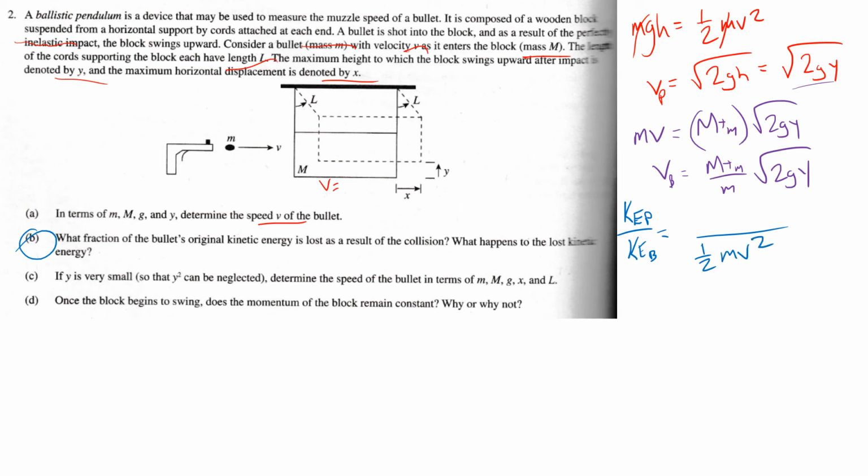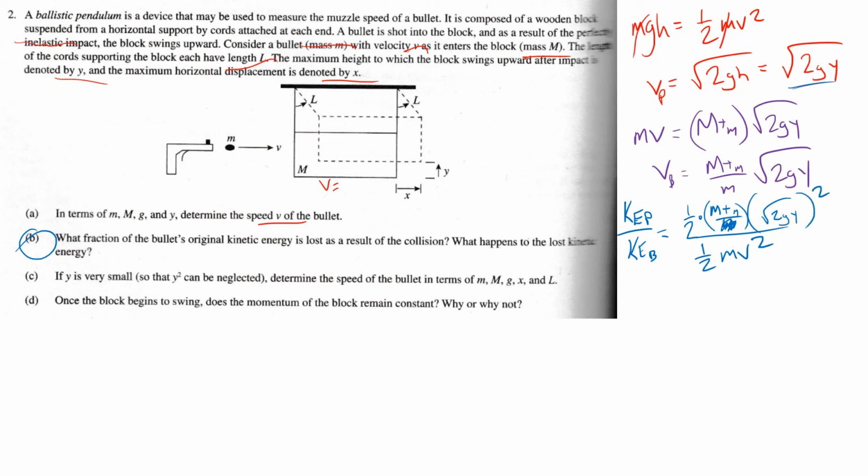Ta-da. Now the numerator here, the pendulum, is going to be 1/2 times the mass of the pendulum, which is going to be M plus little m, times the velocity. The velocity is going to be this guy right there, the one that we figured out. So this is going to be the square root of 2gy.